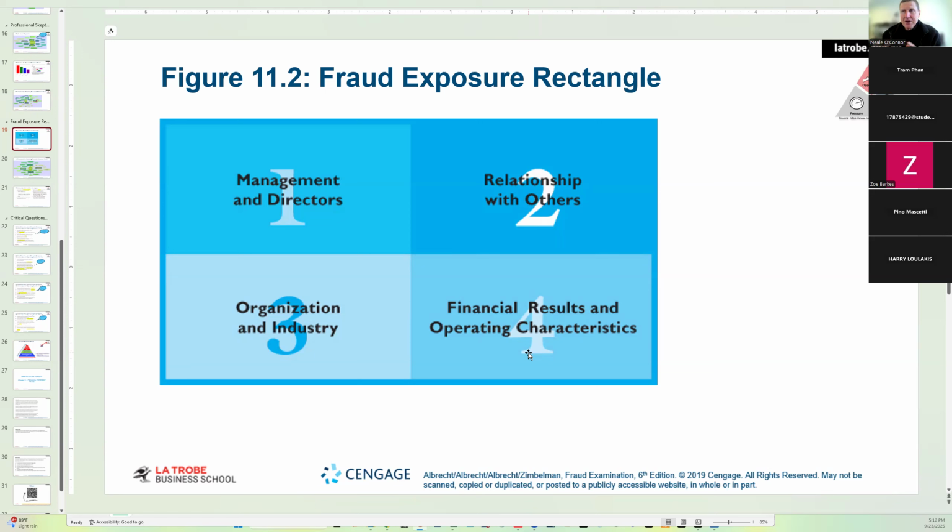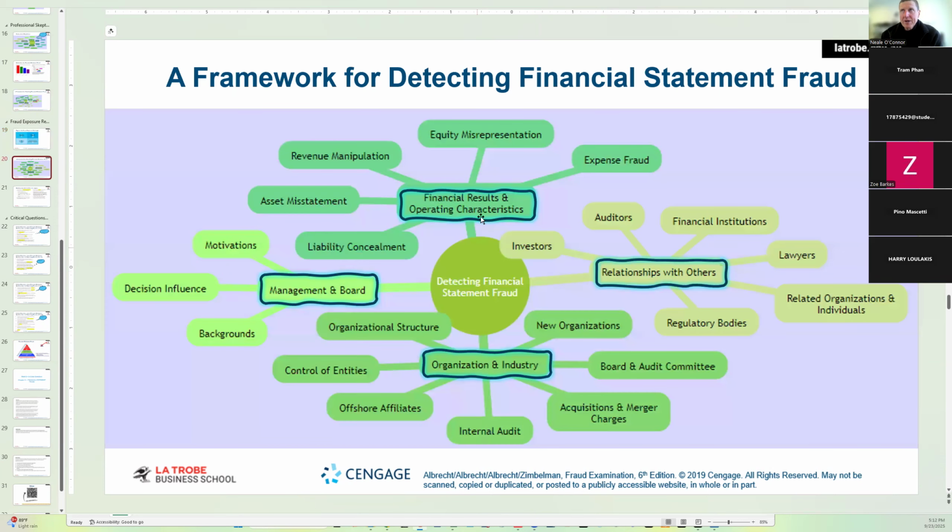The likelihood of fraud happening can be attributed to these four areas: financial results and operating characteristics, the setup of the management and the board, the way the organization is set up and the industry, and also the relationship with others. These all factor in to whether financial fraud is being committed.